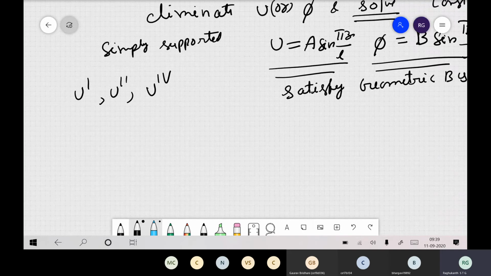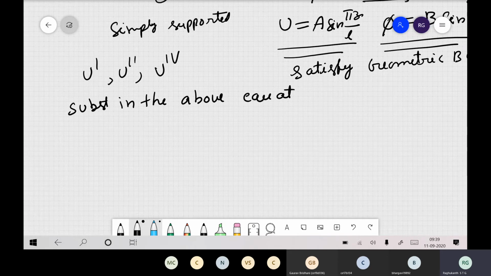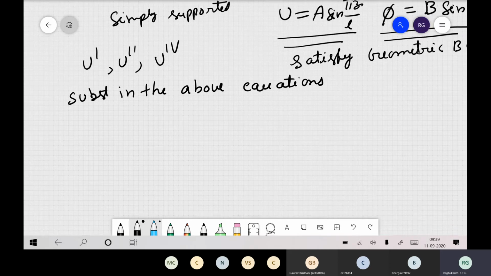Since it is sine, you substitute in our equations.